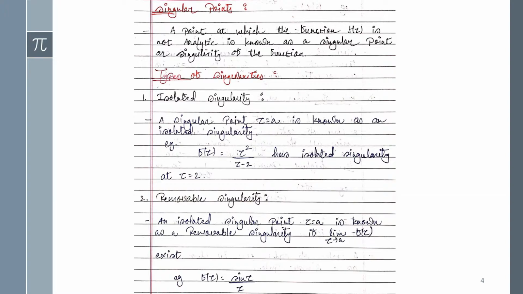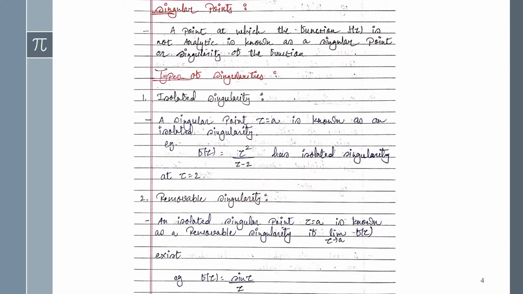There are many kinds of singularities, like essential, removable, and isolated. After simplifying the given expression, you have to determine which kind of singularity it is. So first we need to know what a singular point is; it's compulsory. First we are doing the definition of singular points.